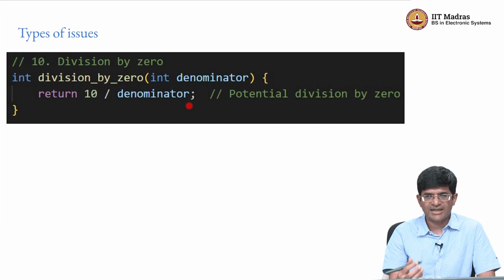As you can imagine, many of these things could outright be errors, like using a pointer after freeing it, or it could be something which is perfectly valid code, like division by 0 in this case, where it is up to the user to make sure that they don't pass a 0 as the denominator. A static analysis tool therefore is not necessarily going to give you compiler errors, it might even just give you warnings and say this is not a good way of writing the code.